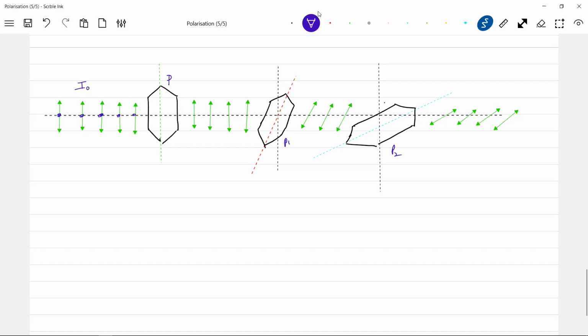The intensity here, how much will it become? I naught by 2. Now we'll call this intensity I1. This is I2. We'll write the expression for that. This angle, let it be theta 1. There's a vertical line, and this should be parallel to that.